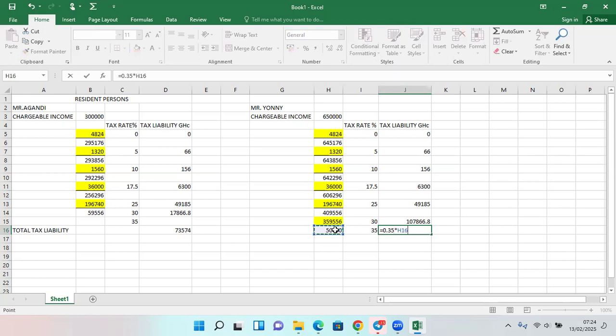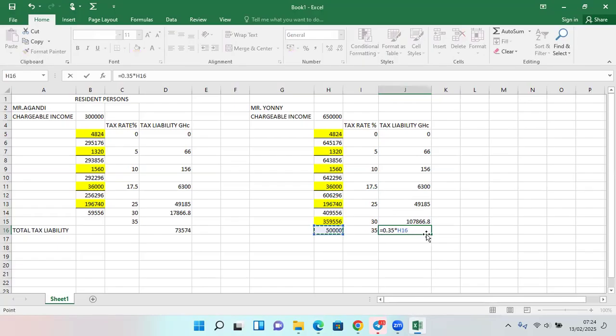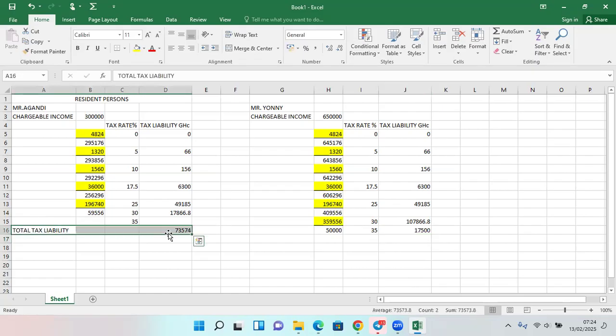And the 50,000 that is left, because it told us that exceeding the last one will attract 35%. So any amount that's exceeded, that's why we are using this one. So that is it here. Now let me put everything here.